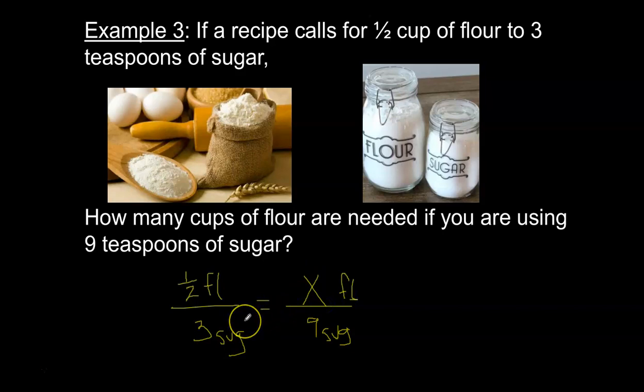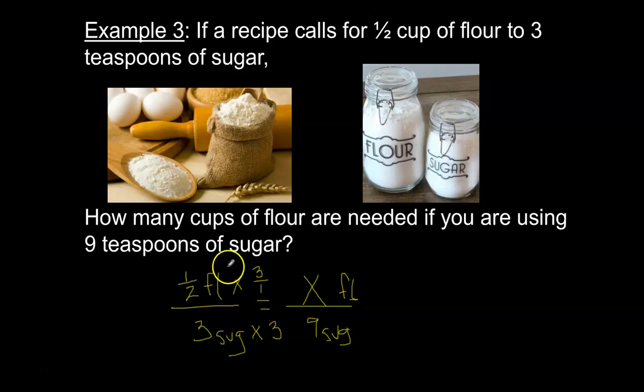Now when we're creating our equivalent fraction, are we scaling up or scaling down? From 3 to 9, that is an increase. So we are scaling up, which means we're multiplying. And we're actually multiplying by 3 to get to 9. So we need to multiply 1/2 by 3. If we're going to multiply a fraction by 3, we should write 3 as a fraction.